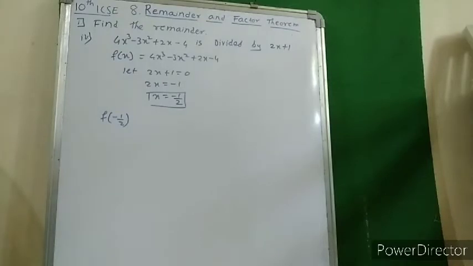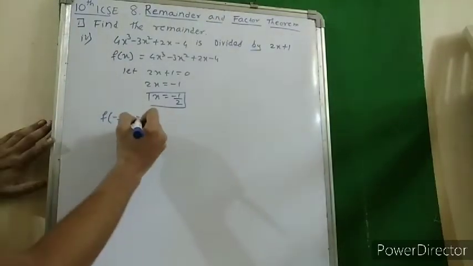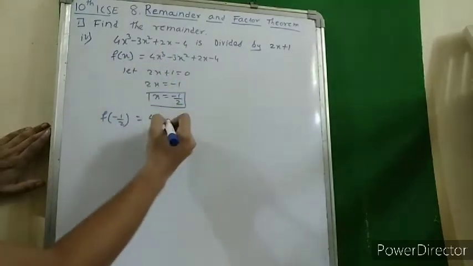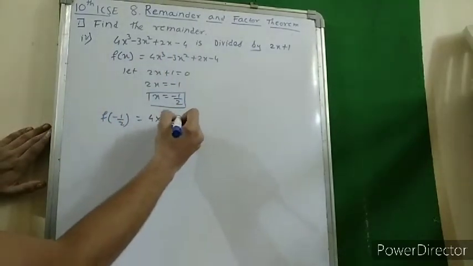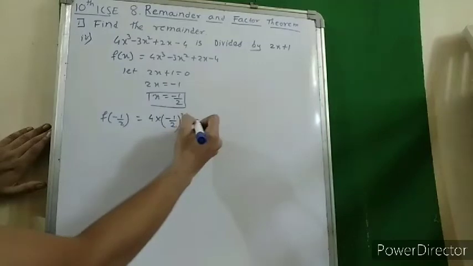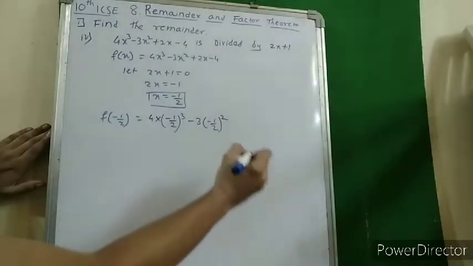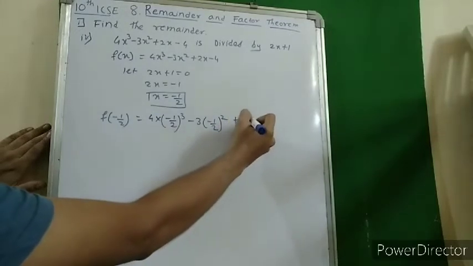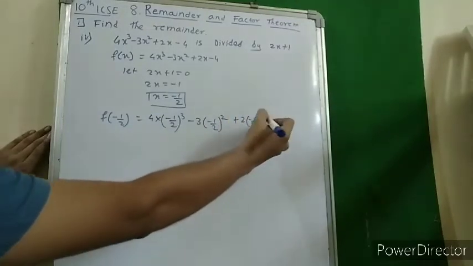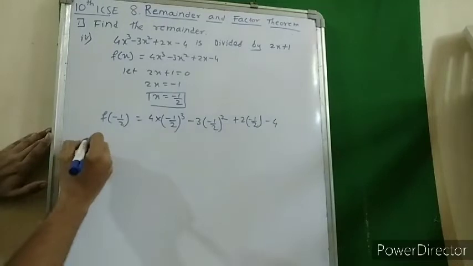See, now it is a fraction, so do it carefully. We have 4 into x cube, that is minus 1 upon 2 cube, minus 3 into minus 1 upon 2 square, plus 2 into minus 1 upon 2, minus 4.